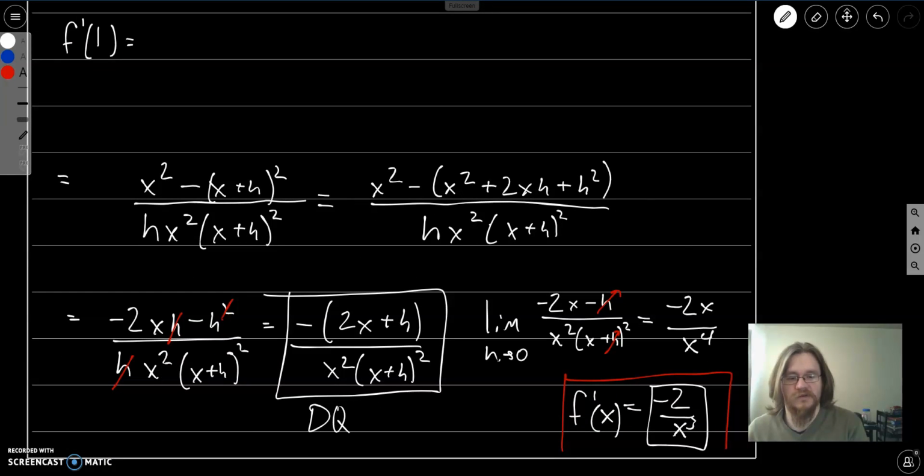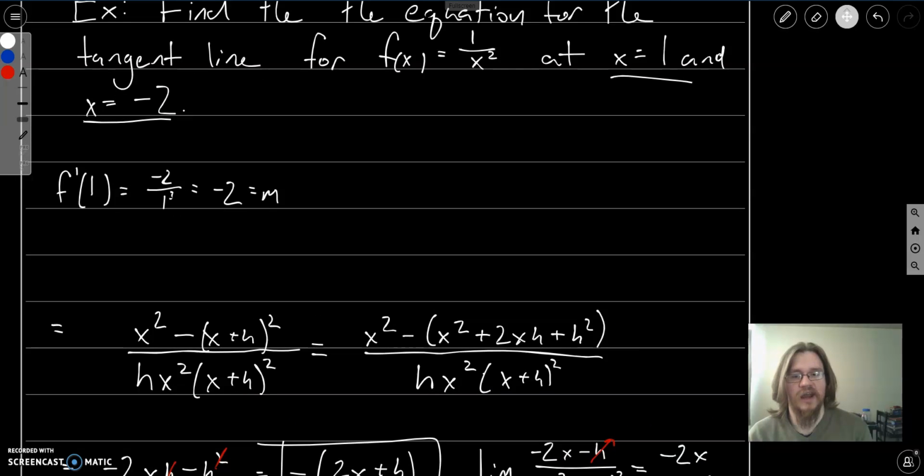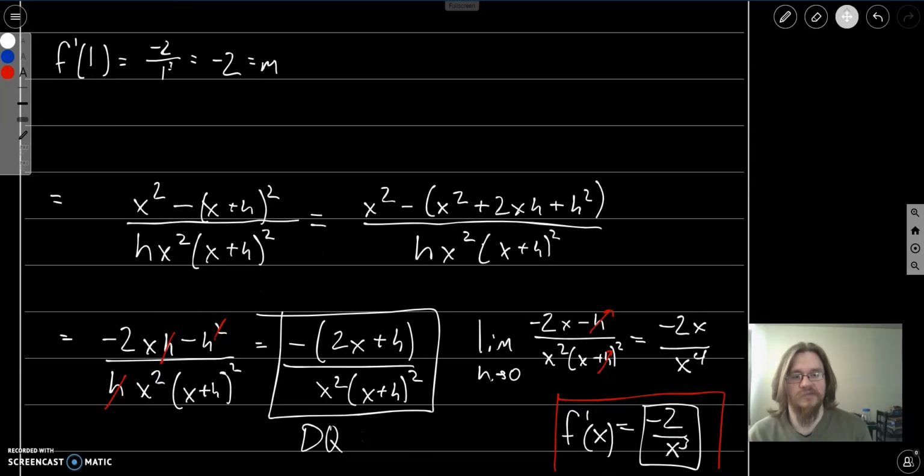Our slope is going to be -2 divided by 1 cubed, which is -2. And this is our slope. Now I need to find a point that this passes through. Well, I know x is equal to 1, and I can figure out the y value as well.